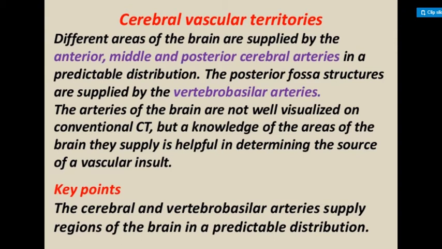The arteries of the brain are not well visualized on conventional CT, but knowledge of the areas of the brain they supply is helpful in determining the source of a vascular insult. Insult, that is insufficiency. So, the key point of this slide is that the cerebral and vertebrobasilar arteries supply regions of the brain in predictable distribution.